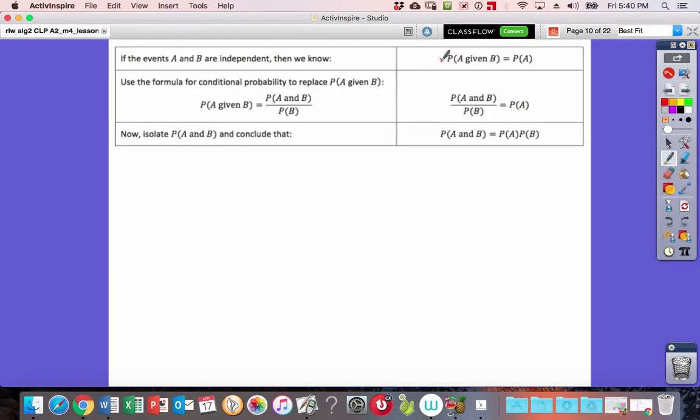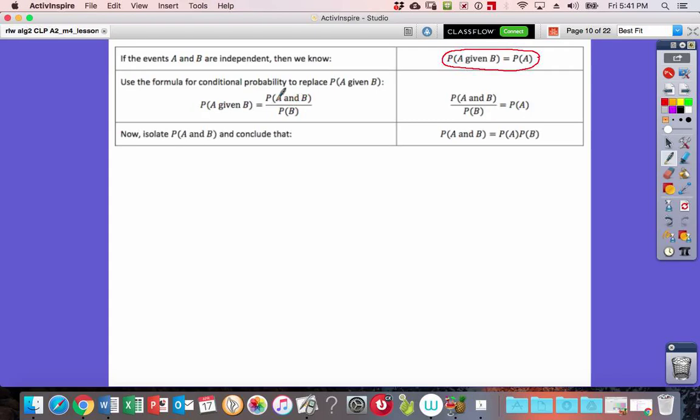Okay, let's look at this. They do kind of a little proof for you. It says if the events A and B are independent, then we know that the probability of A given B is equal to the probability of A. That's that conditional one that we were taught in a previous lesson. Okay, then we have this new conditional probability.